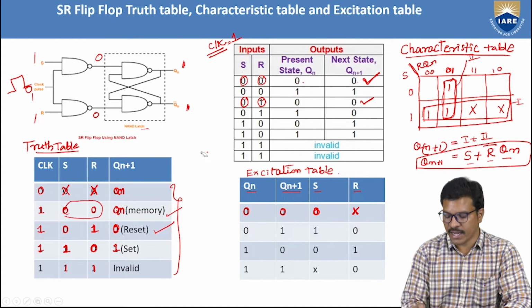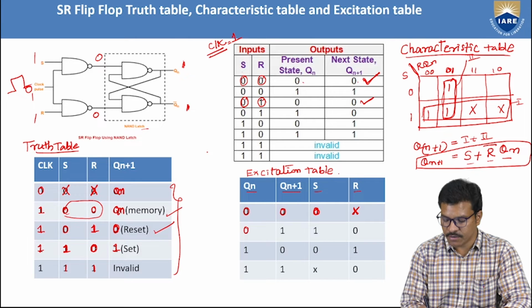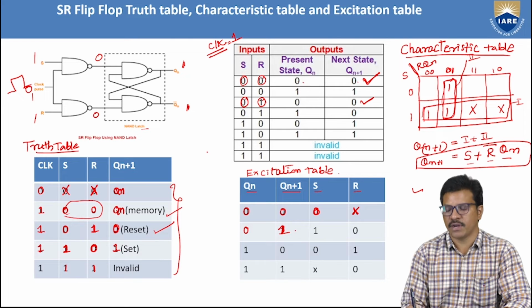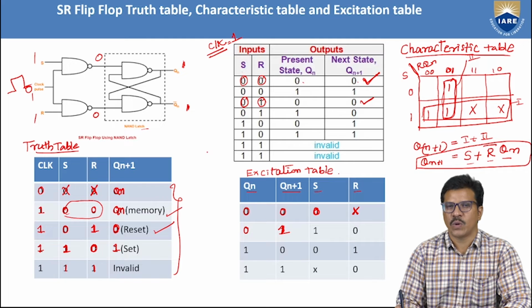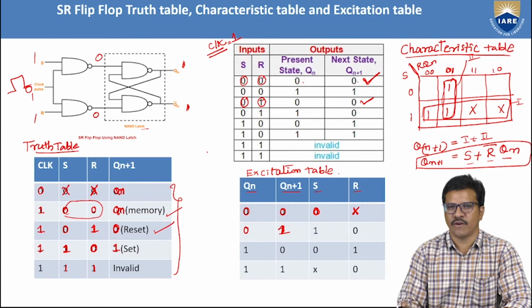If you take the second case, suppose the present state is 0 and the next state is 1, what happens? At what input combinations of S and R do we get from present state 0 to next state 1?